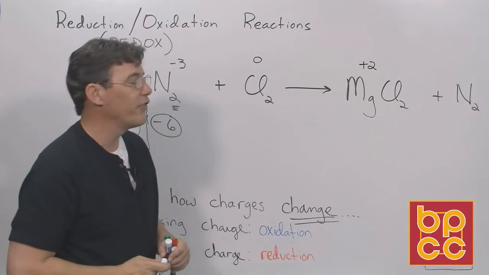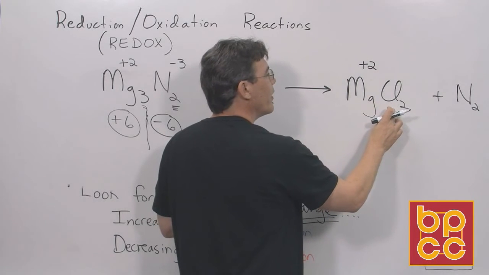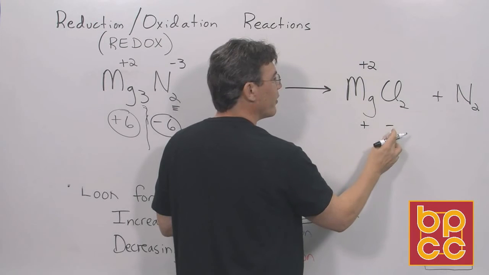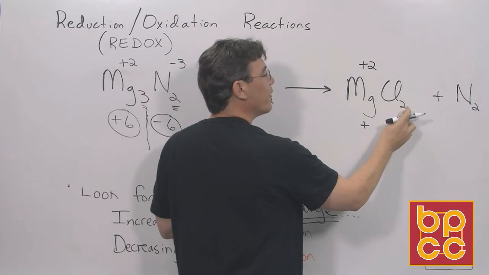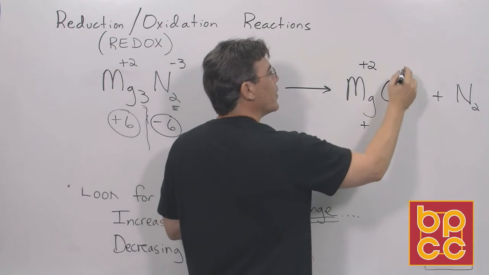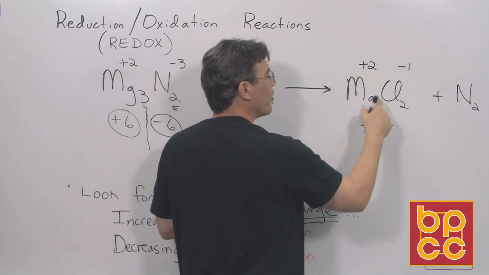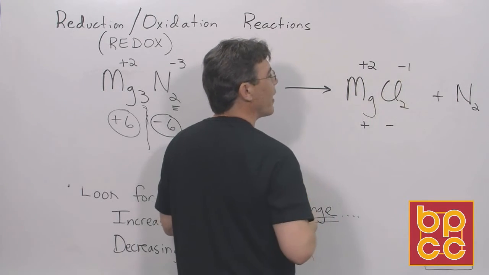Chlorine, I believe, has several charges, but in this case, in order to add up to 0, the charge we must use, we know it's going to be a negative charge because it's in the negative position. The negative charge needed for chlorine, since there are 2 of them, a negative 1 charge would add up to 0 with the magnesium's positive 2 charge. There's 2 chlorines, each one at -1.